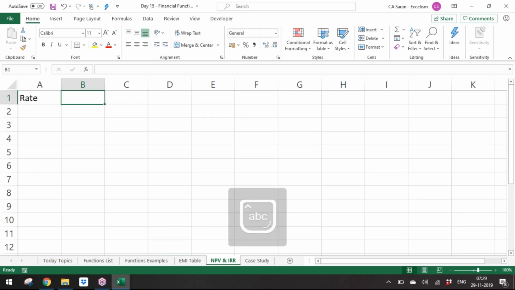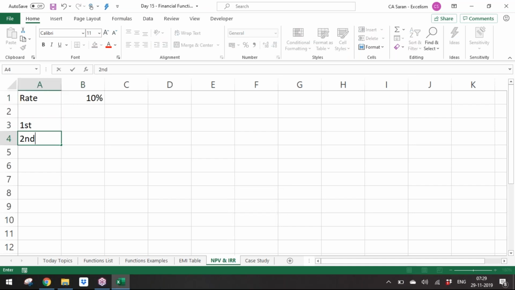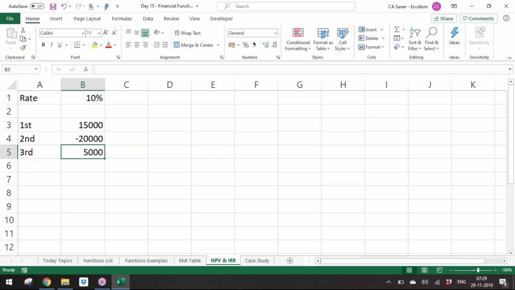I hope most of us know how to calculate the net present value and internal rate of return. If I take the rate of interest, let's say 10%, first year, second year, third year cash inflow of 15,000, and let's say there's minus 20,000. Manually, how do we calculate?